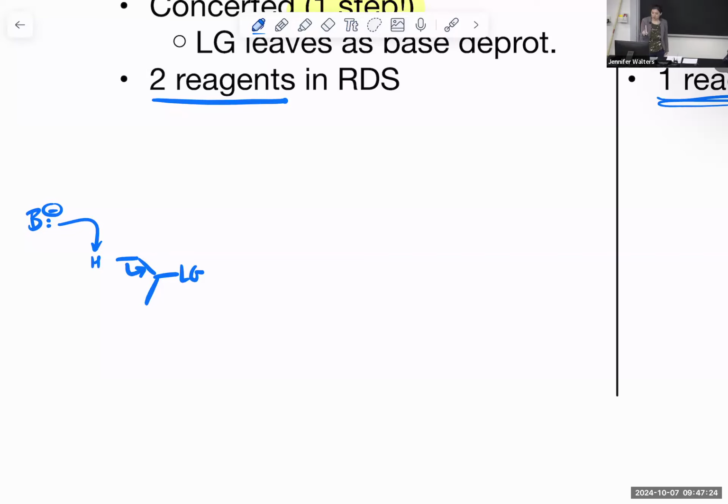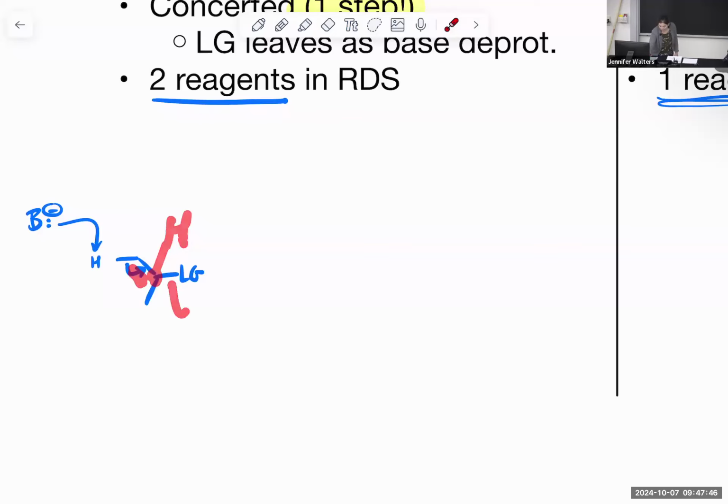So the electrons fall over because hydrogen can only make one bond, so we've got to put the electrons somewhere. The electrons are going to make the pi bond. Then that's now making too many bonds to this carbon, because remember that hydrogen's still there. So that is going to now make 5 bonds to carbon. I can't have 5 bonds to carbon. That's not possible on the surface of the Earth.